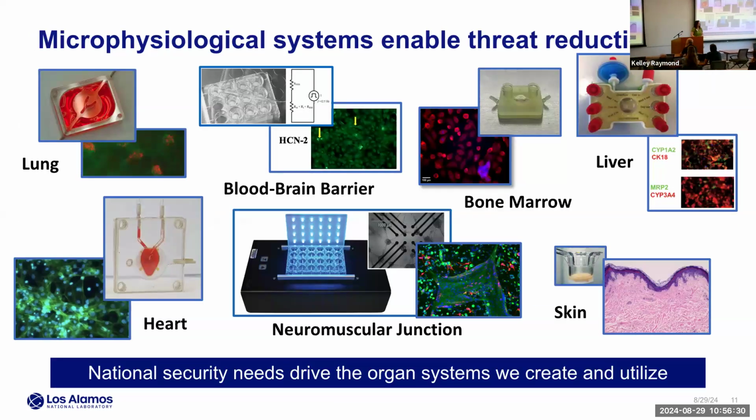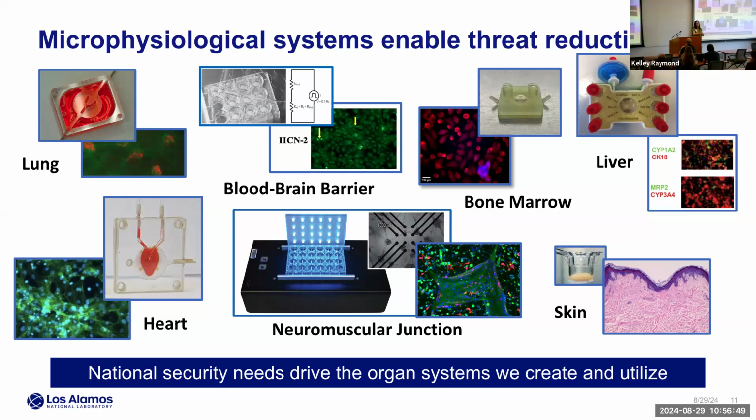Some of the microphysiological systems that we've developed are lung, heart, liver, neuromuscular junction, skin, and really all of these have a national security driver.